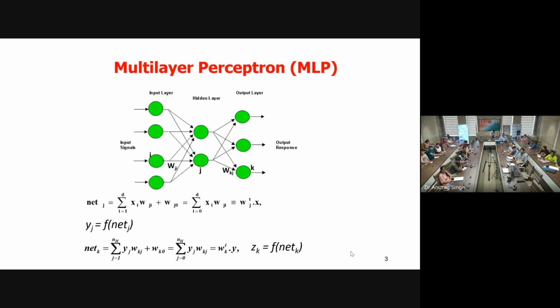Again, it depends upon which function you are using. I can use any function. I can use g of net. It is a different function. I can use a different kind of activation function at every neuron. No one stops me.